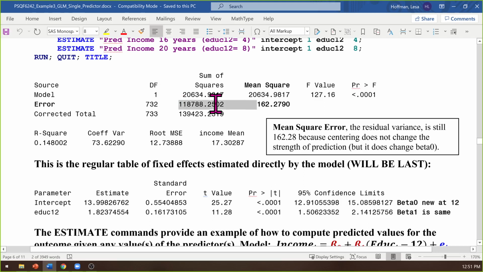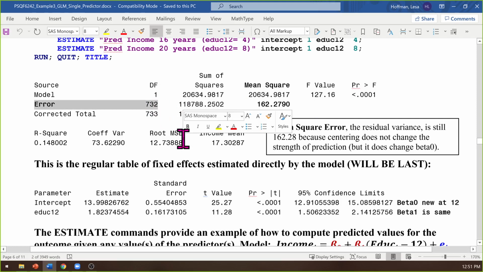So this column right here, sums of squares, is the numerator of the variance equation. It refers to the amount of information that is left over, but then that gets divided by the denominator degrees of freedom.